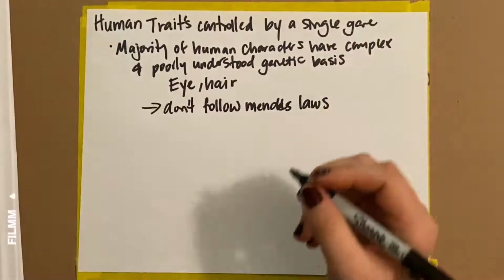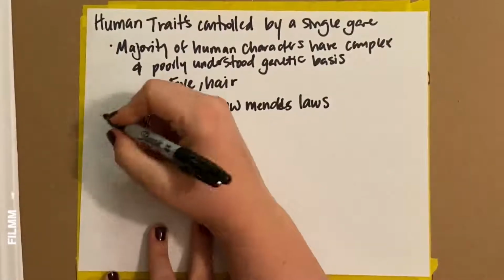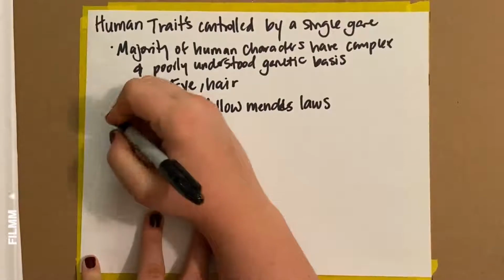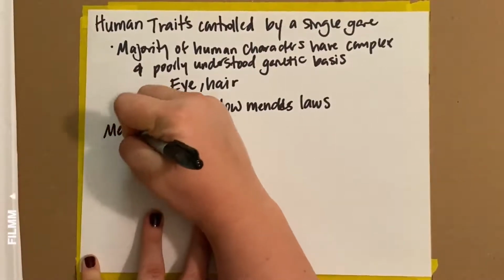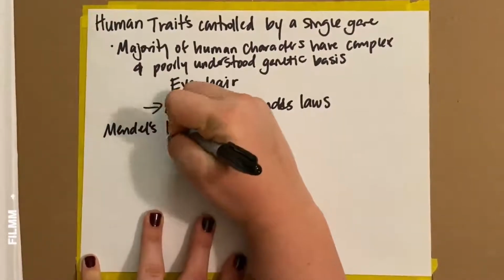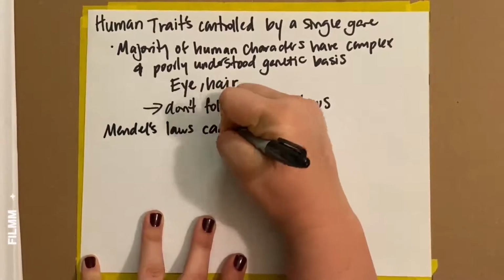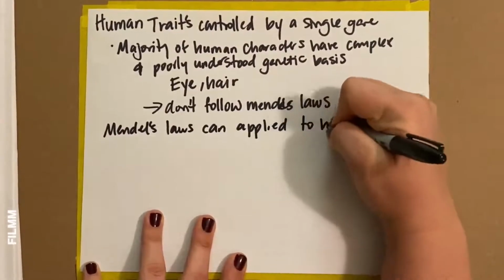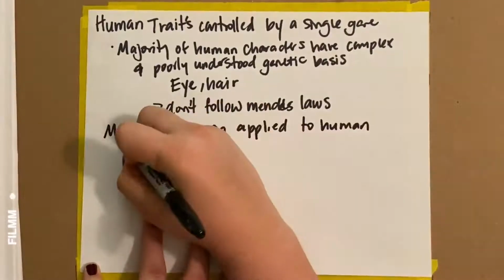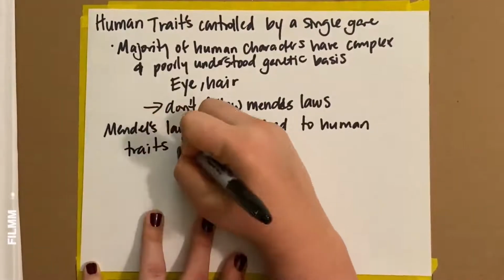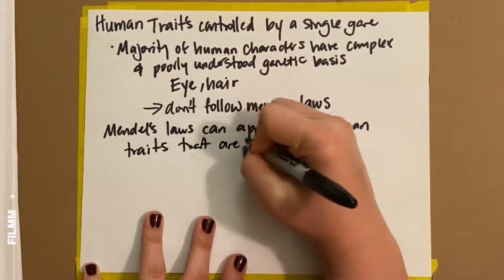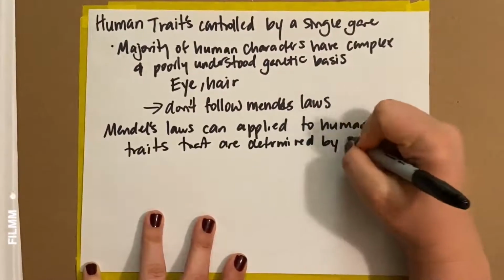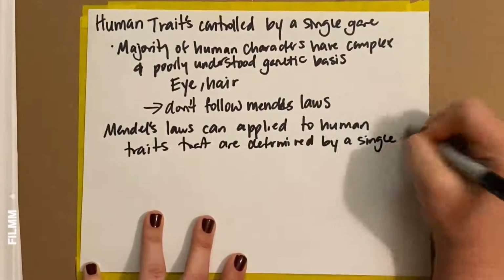However, there are a couple traits, and we'll talk about most of them in lab, that actually follow Mendel's laws, okay? And they can be applied to human traits that are determined by a single gene.